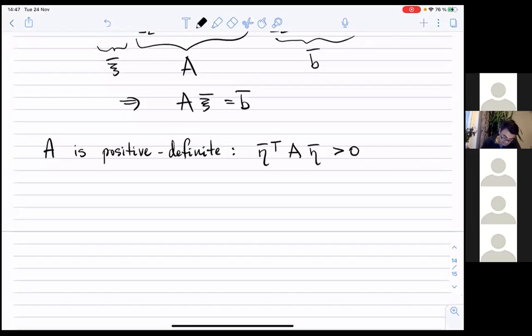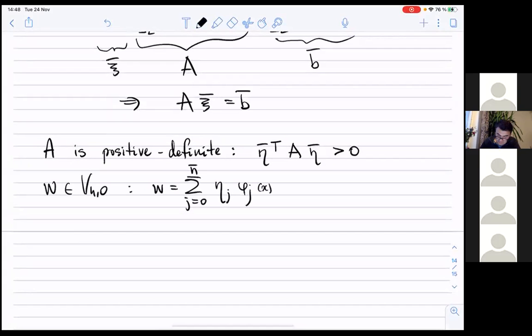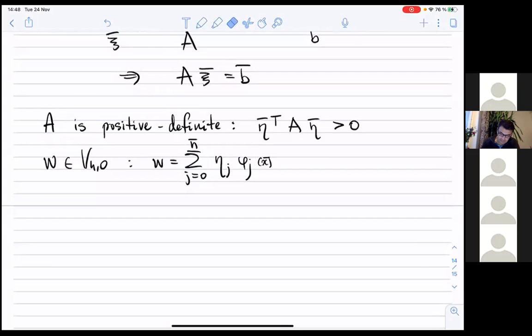So let's do this computation. We can denote some element from the space V_h0 as a linear combination, sum over j equal to 0 to n bar of eta_j phi_j. Here eta is a long vector of the coefficients eta_1, eta_2, up to eta_n; now we start from 0.